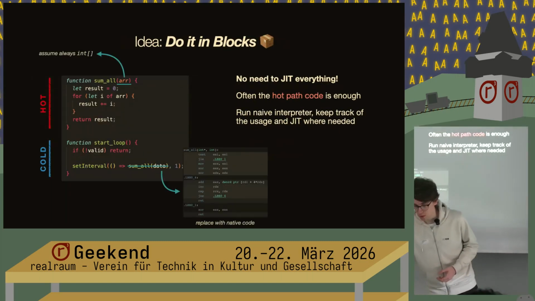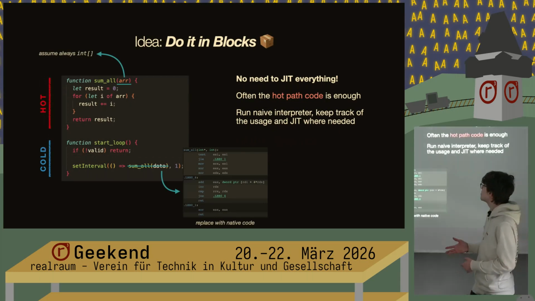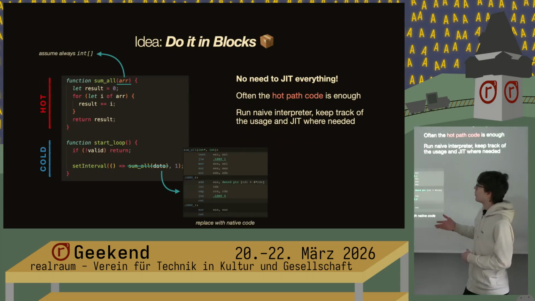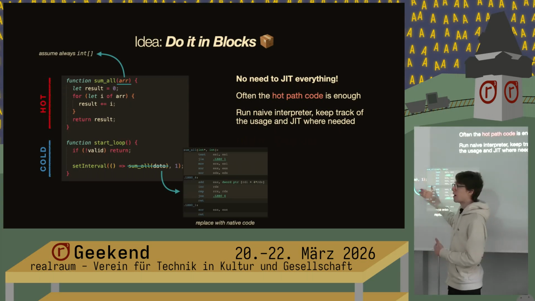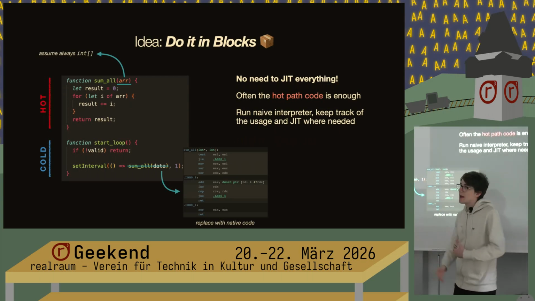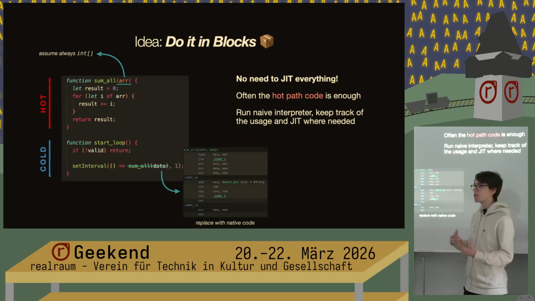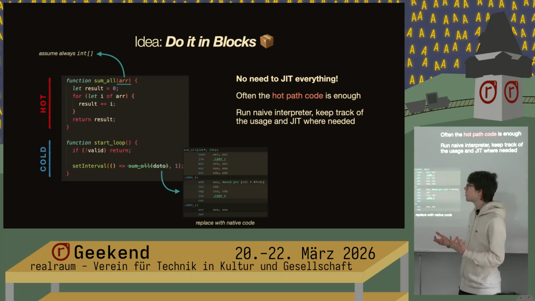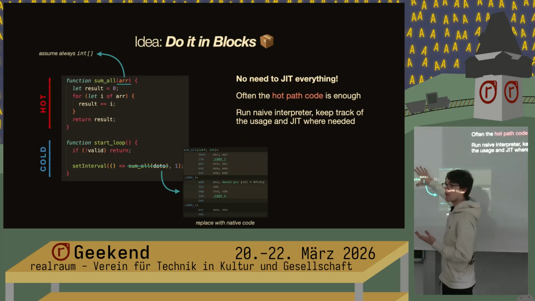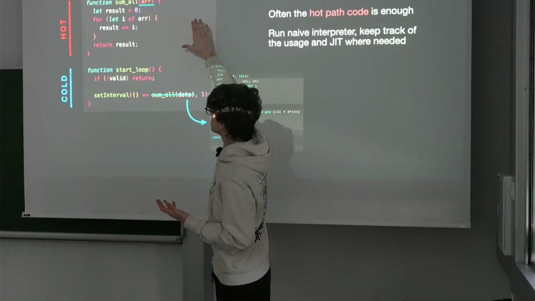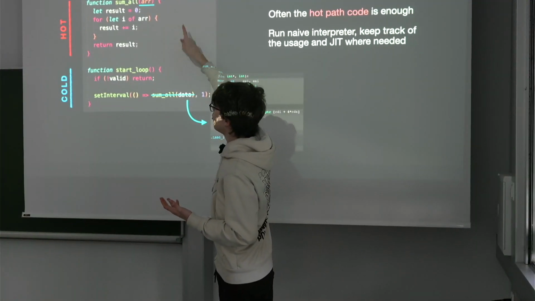So the solution here is that we can do JIT in blocks. We can take some JavaScript code and run it with an interpreter. And as we run it, we start making some assumptions. For example, we see that this thing is a cold function, something that gets called only once. This thing is a hot function because it gets called over and over.